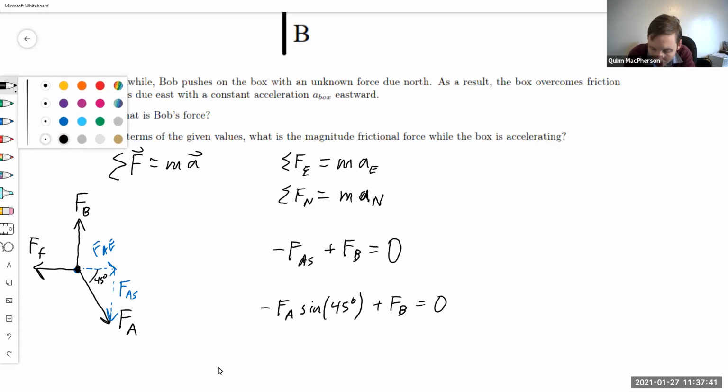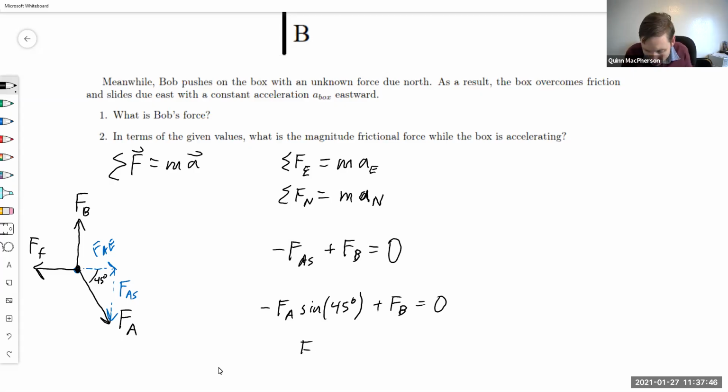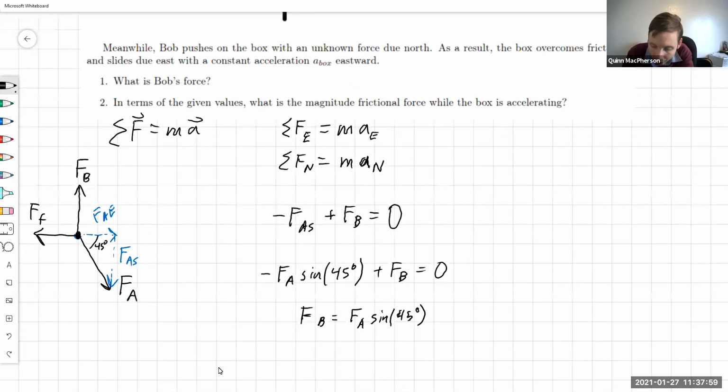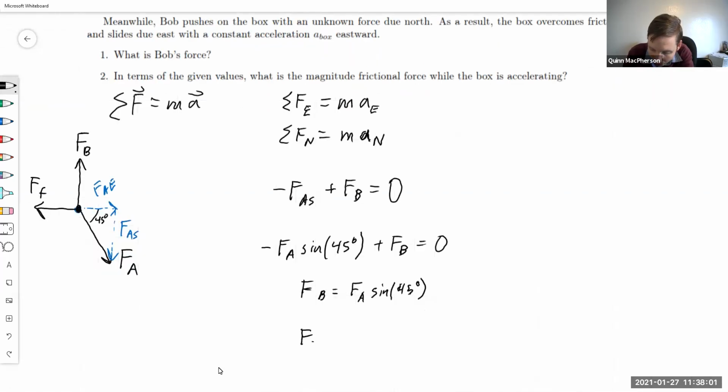Solving for force Bob, I get force Bob is equal to force Alice sine of 45 degrees. I happen to know that sine of 45 degrees, because it's a common triangle, is 1 over the square root of 2.